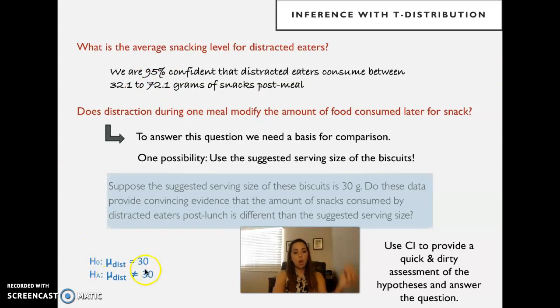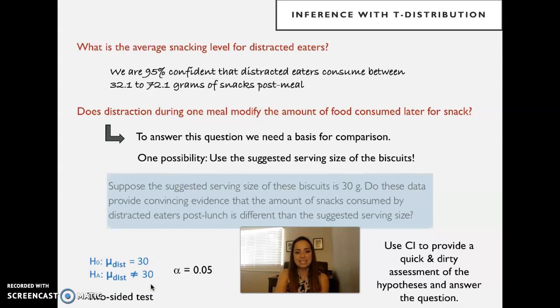Again, the null hypothesis here, to formalize, is that the average snacking amount of distracted eaters is equal to 30, the serving size that we assume is what the general population eats. And the alternative is that it's different from 30.